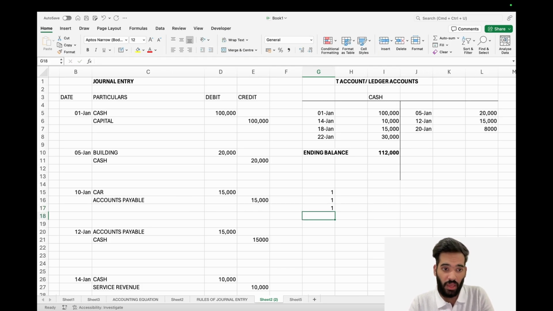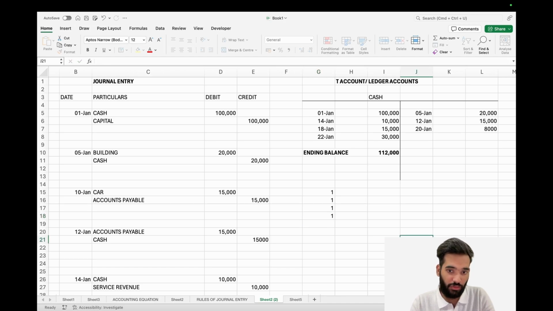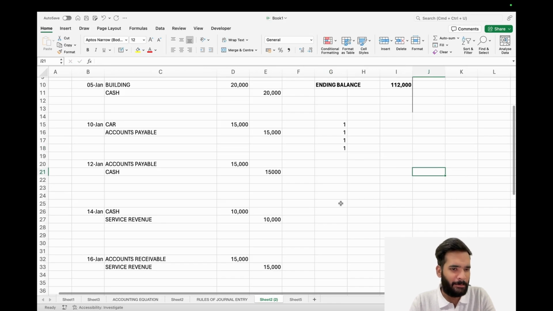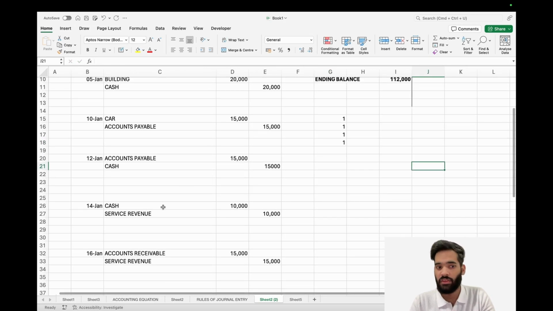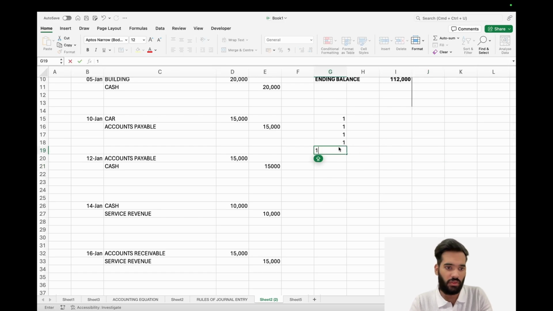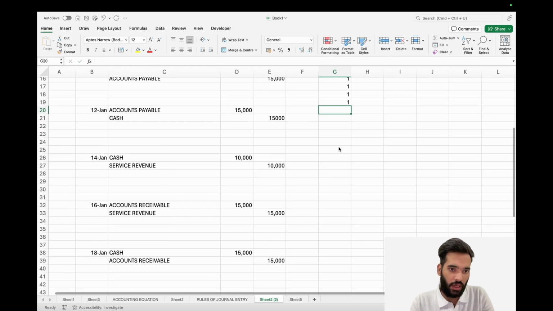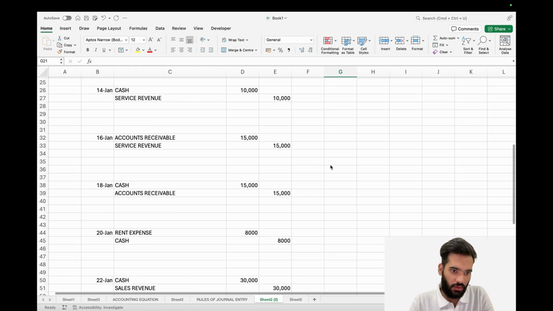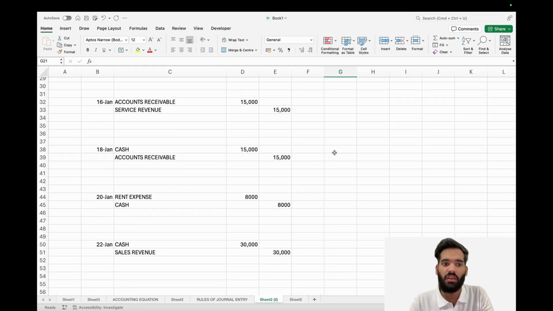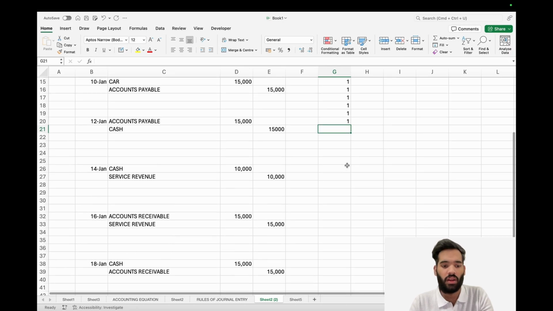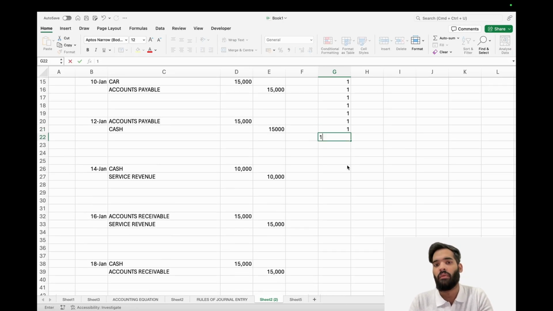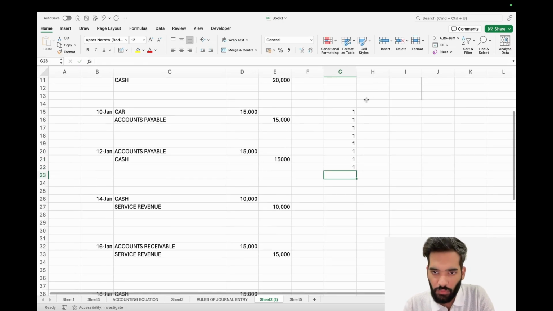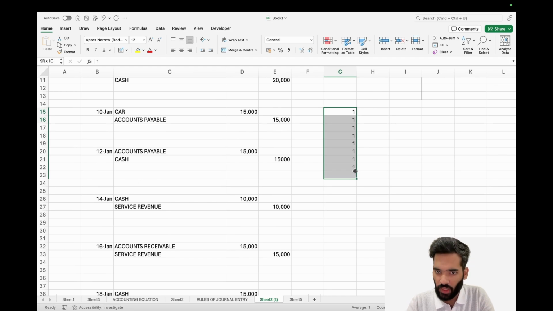Then we have accounts payable, one account for accounts payable. Then service revenue, we also have to make an account for service revenue. Accounts receivable, and then rent expense and sales revenue. So rent expense and sales revenue. Amazing. So if we count this out, we need 8 more accounts.